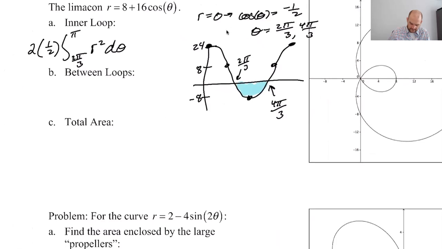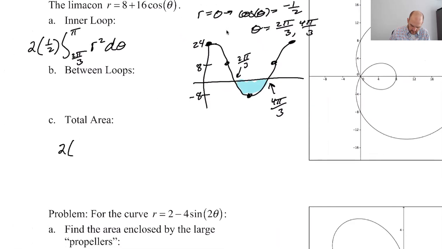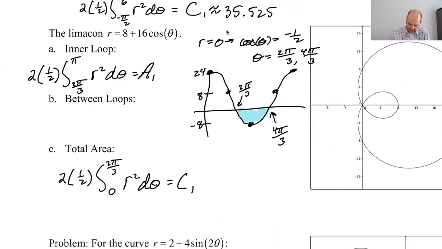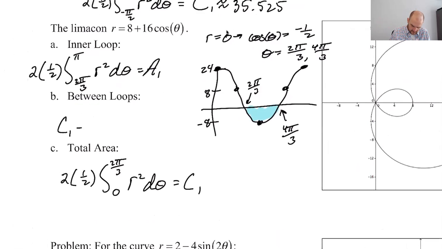So I'm going to go 2 times 1/2, the integral from 0 to 2 pi over 3 of r squared d theta. And then between the loops, I'm going to call this a sub 1 and this c sub 1. I just don't like calling them a and c. I don't really know why, but the little subscript makes it all work out. So here we're just going to do c1 minus a1.